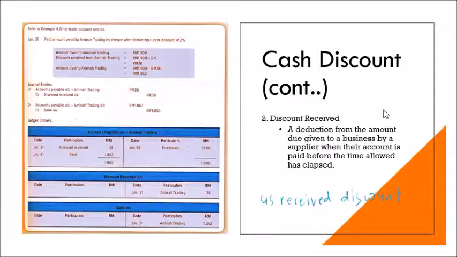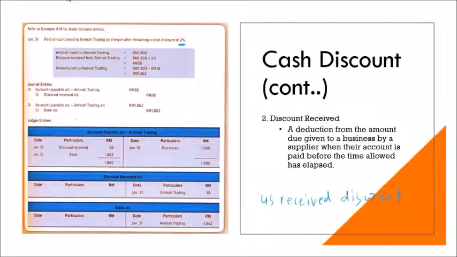So focusing on pages 50 and 51, you can see that we paid the amount owed to Aminah Trading by check after deducting a cash discount of 2%. So we also gain a 2% discount here.